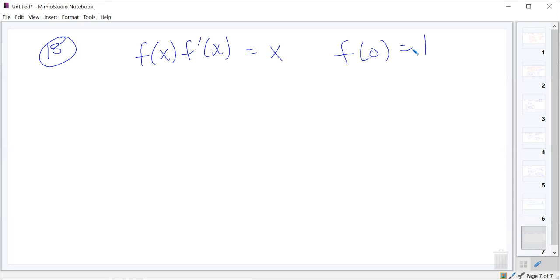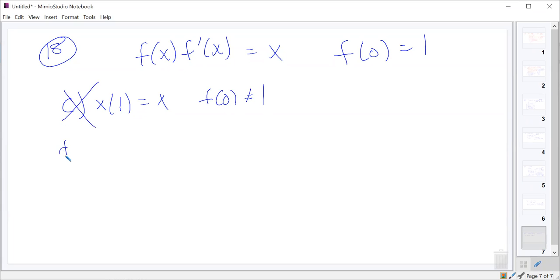So like I would take a look at something like choice C, where f of x is x. I'd say f of x is x, f prime of x is 1. That equals x, so it satisfies the first part. And then I would say f of 0 is 1. Well, f of 0 is not 1. So I'd say it's not C.